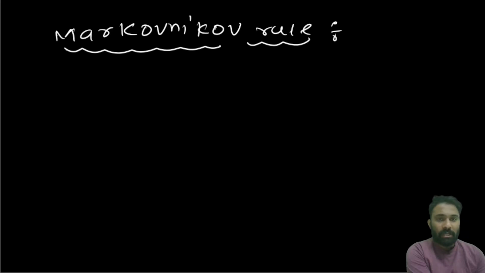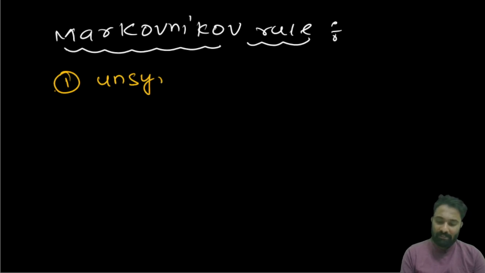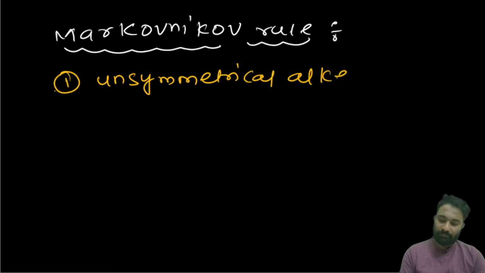First point, remember: the Markovnikov rule will be applicable only for unsymmetrical alkenes. Unsymmetrical alkenes. Okay?